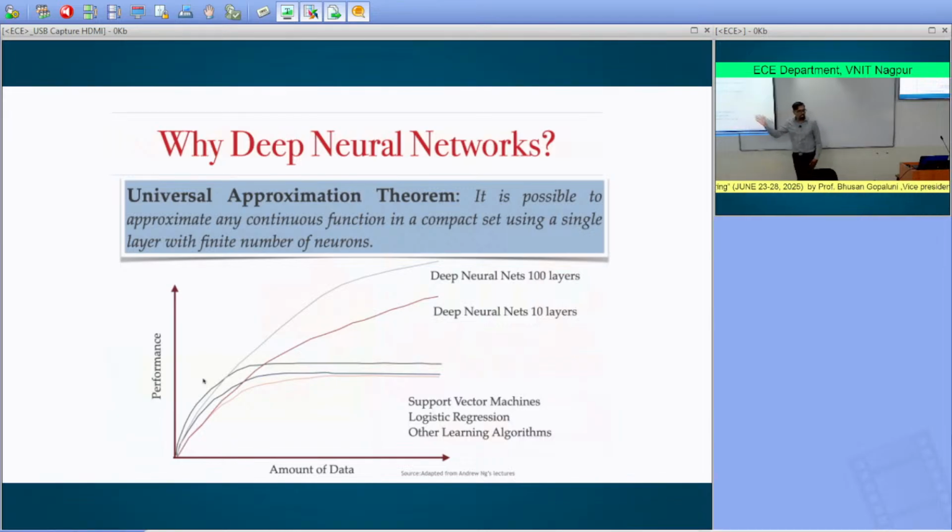So that's why deep neural networks are so popular, because especially when you're operating in this region where there is a significant amount of data, you're likely to get much, much better performance with neural networks. On the other hand, when you have a limited amount of data, then any of these methods would likely give you the same or similar performance.